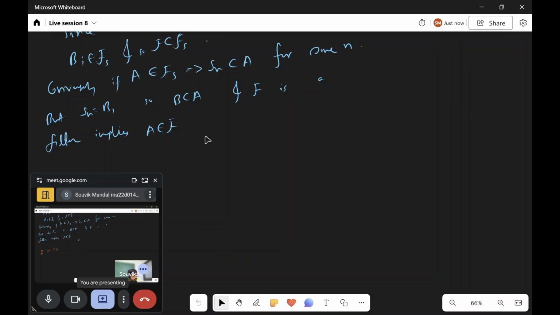Let X be an infinite set and F be a cofinite filter on X, and S be a subbase of F. Then show that S is an infinite set.